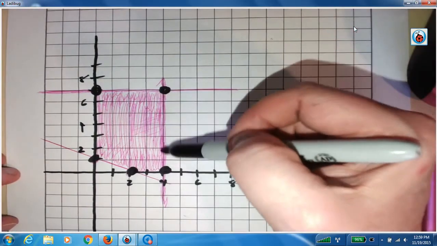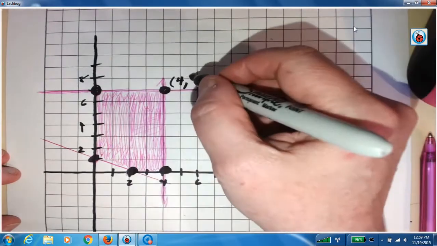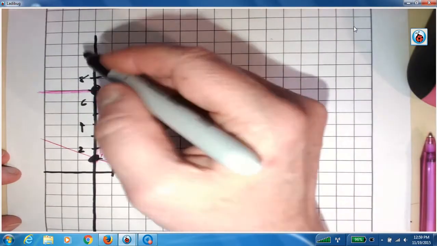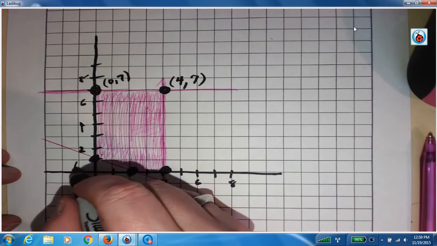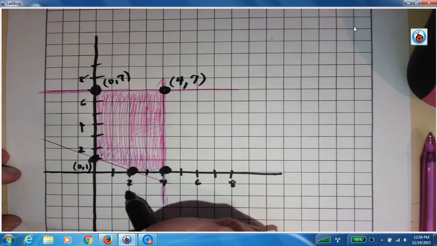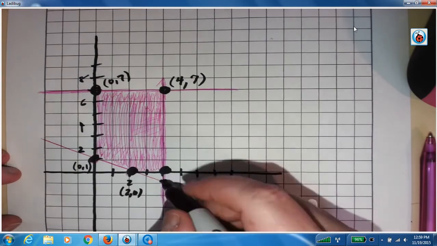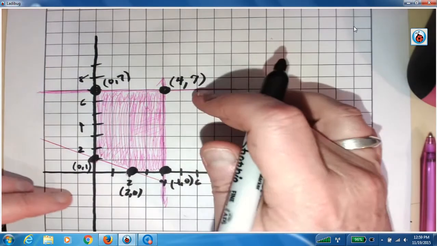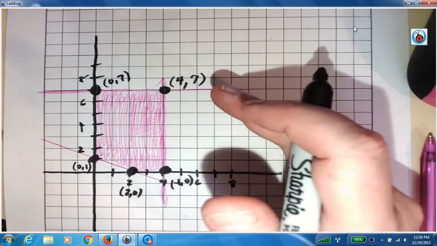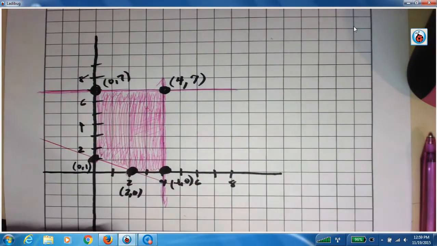This point has x coordinate 4, and its y coordinate is 7. What about this? This is 0, 7. What about that point? That is 0, 1. That point is 2, 0. And this point is 4, 0. So the vertices, the corner points, are the ones I plug into the objective function.